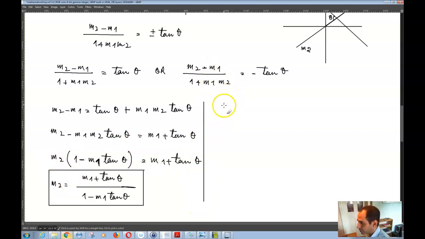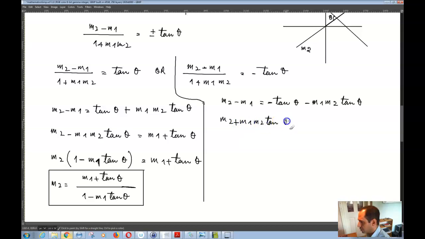Or, if this is the case with the other equation, you can write m2 minus m1 is equal to negative tan theta minus m1 m2 tan theta, which means that m2 plus m1 m2 tan theta is equal to negative tan theta plus m1.